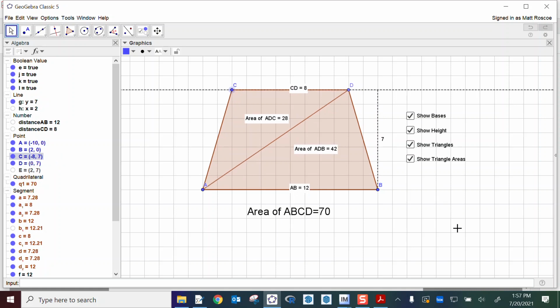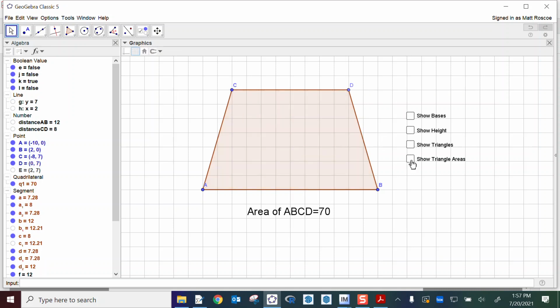And once they understand the idea, what might be really fun, I think anyway, would be to ask the students to propose. I've given you an example here of something with 70 as its area. Can you propose a trapezoid that has area, let's say 80? What would you do to change this to 80? And what would the bases have to be?